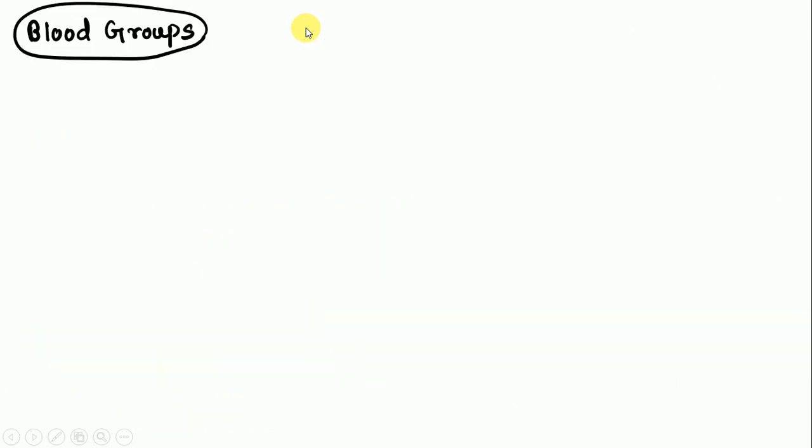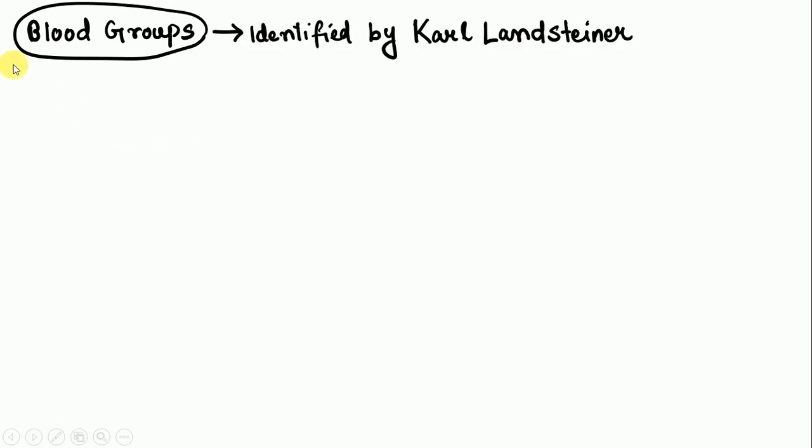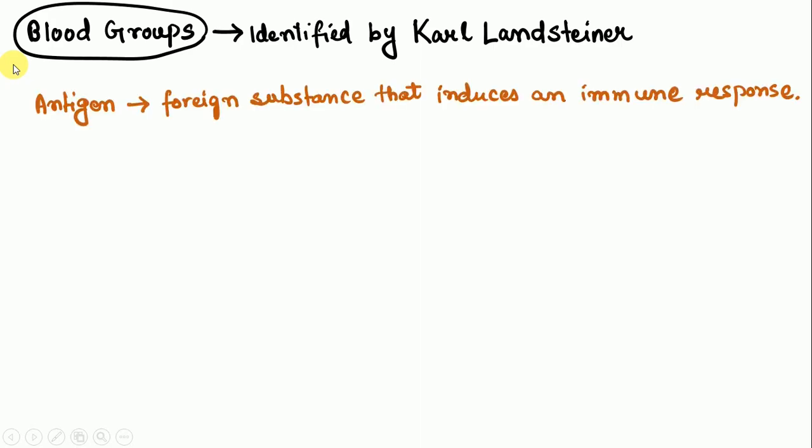Now let us see blood groups. Blood groups were first identified by Karl Landsteiner. Before understanding the different blood groups, let us understand the concept of antigen and antibody. Antigen is any foreign substance that induces an immune response.